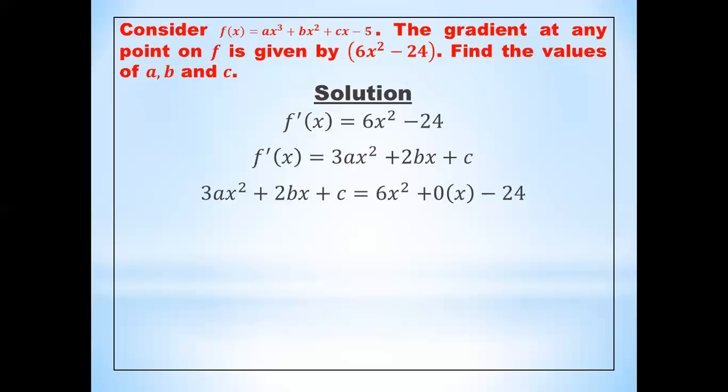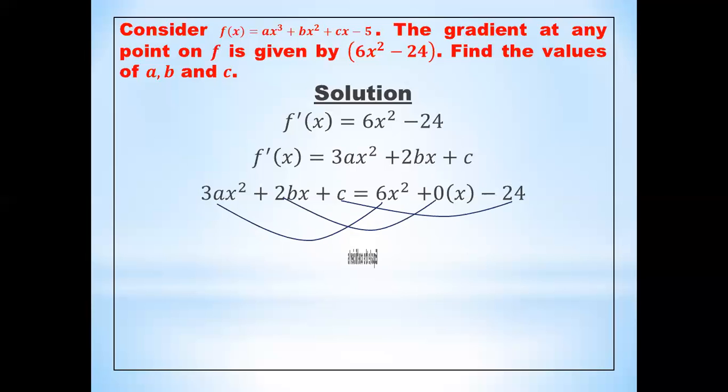All right, so let's continue. As we take the two equations or the two derivatives and equate them, something is going to happen. You now have to compare the coefficients of these two equations. Can you see that? We have 3a equal to 6, and then 2b equal to 0, and then c equal to negative 24.